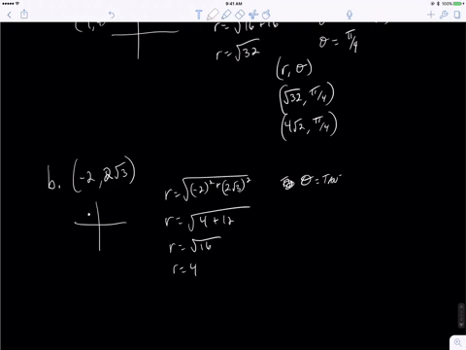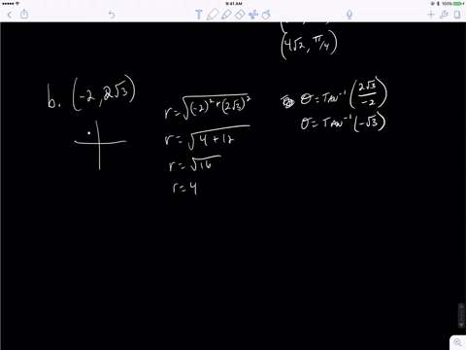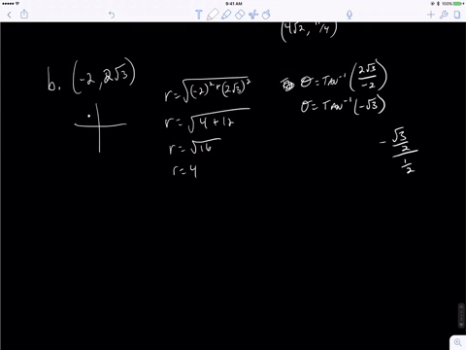Theta is the inverse tangent of 2 root 3 over negative 2. So theta is the inverse tangent of negative root 3. So that means that would be from a negative root 3 over 2 over 1 half. That is what angle?